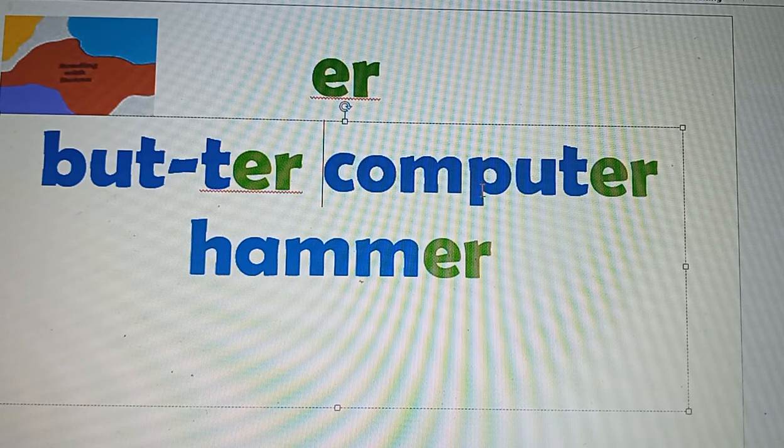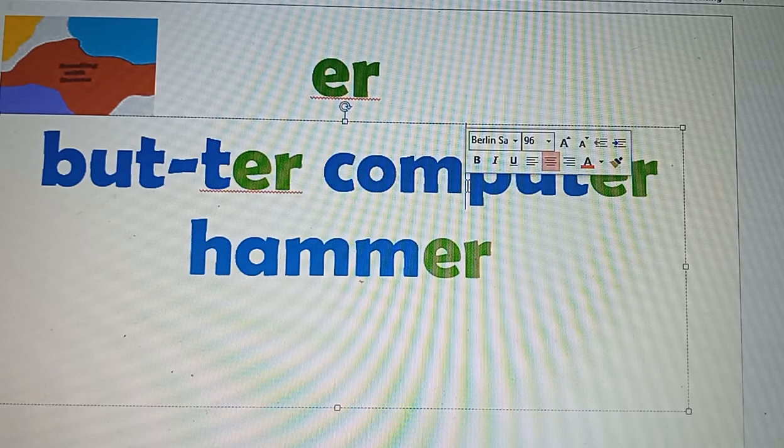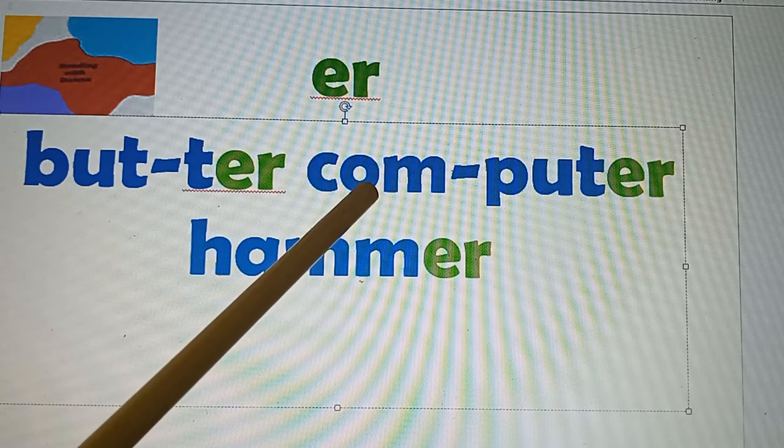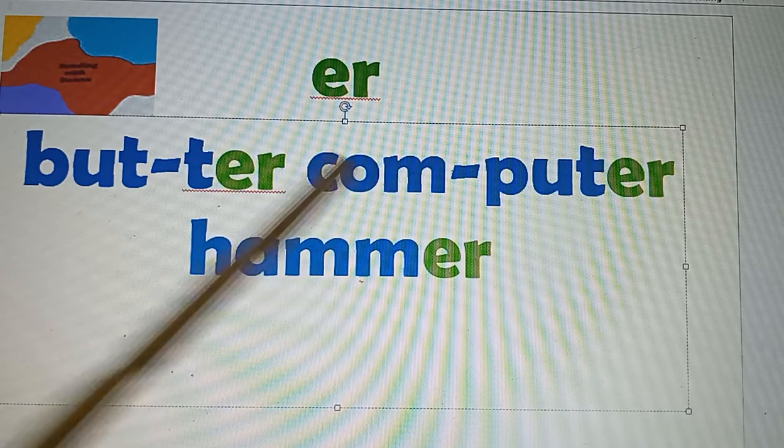Because there are two consonants here, M and P. So this M is closing in the O. So we want to break this word right there between the M and the P. So there we have come. Come is a closed syllable, if we can remember. So it closes in the O, and the O is a short sound.